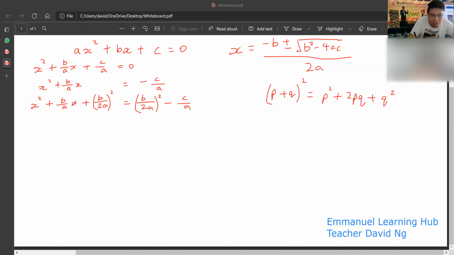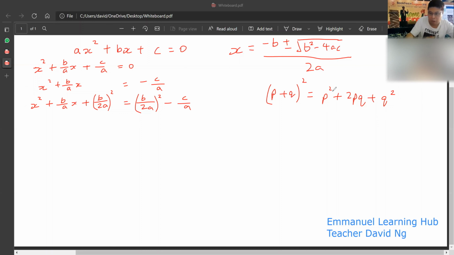Okay. Earlier on, I have this fellow here, right? X squared plus B over A X. Bx over A. Earlier on, I have this, right? I'm trying to make this into this expression. Okay.